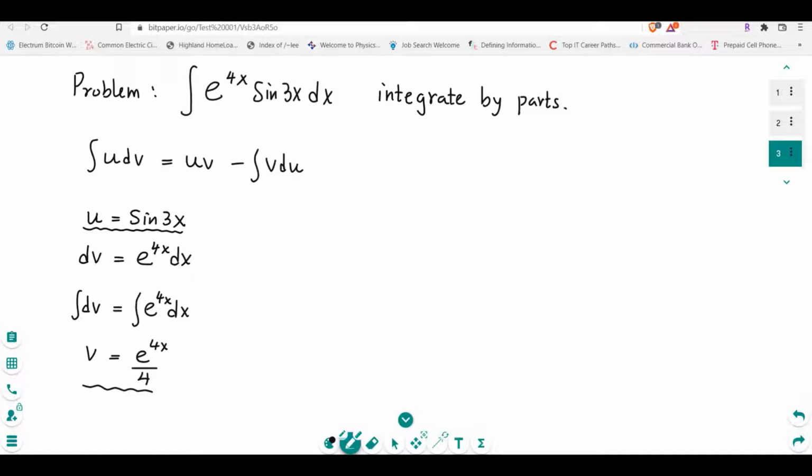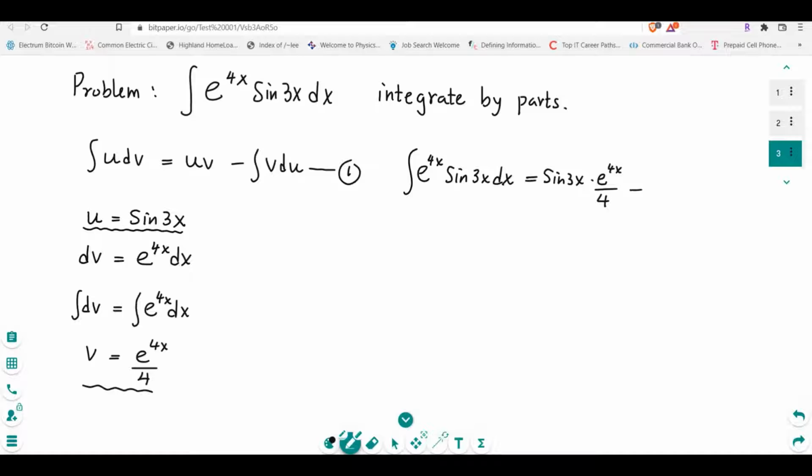Then I'm going to substitute u and v into that expression which we defined as the integration by parts expression. So let's substitute. On the left hand side, we have the integral of e to the power 4x sine 3x dx. And on the right hand side, first we have u, that is sine 3x times e to the power 4x divided by 4.